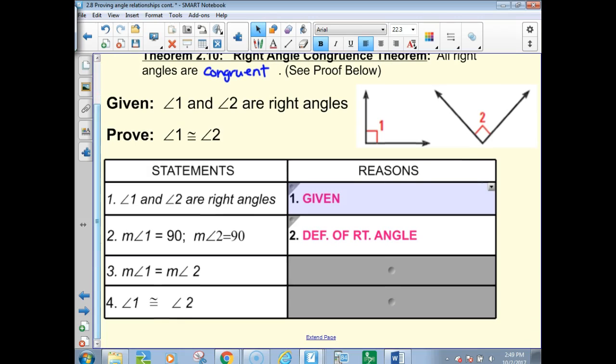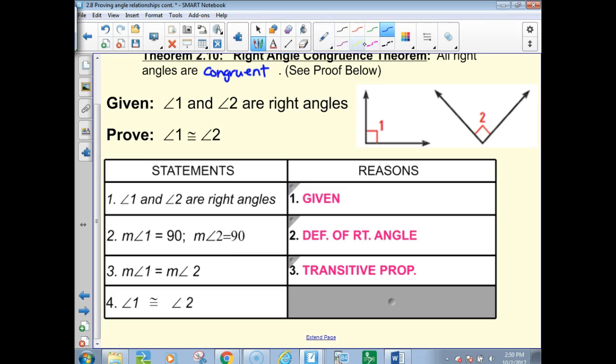Next, the measure of angle 1 equals the measure of angle 2 by transitive property, because it says angle 1 equals 90, angle 2 equals 90, therefore angle 1 equals angle 2. Now, I would also have accepted a different answer on that line. What else did you think it might have been? Substitution. Okay, so I would have taken that also.